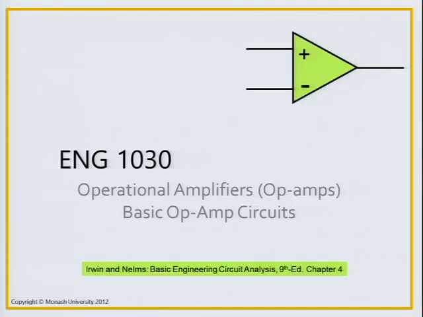Building on what we did on Monday. On Monday, I introduced you to the basic circuit symbol of an operational amplifier and what you would get if you did not have negative feedback and you wired up some voltages on the inputs.